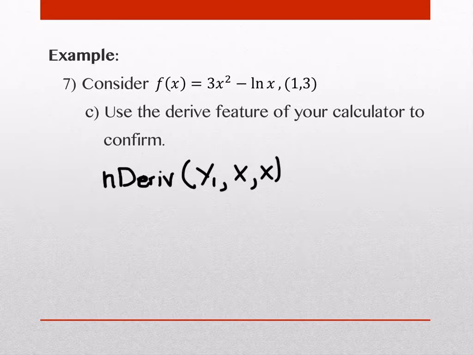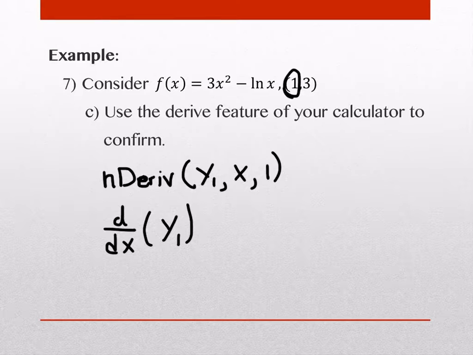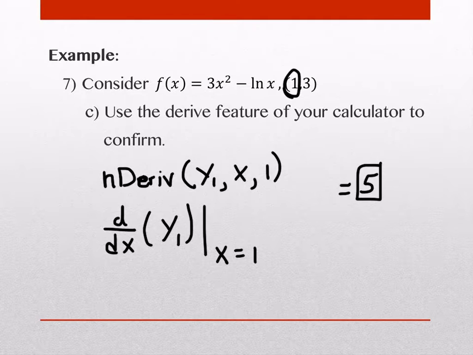I mean, not x1, because we had the number 1. And if you have the other one, it ends up looking like d dx of y1. It'll have a line, and then you put in x equal 1. Okay? And this is a confirmation kind of step, right? This is making sure you did it right. And they do both, in fact, give us a value of 5.